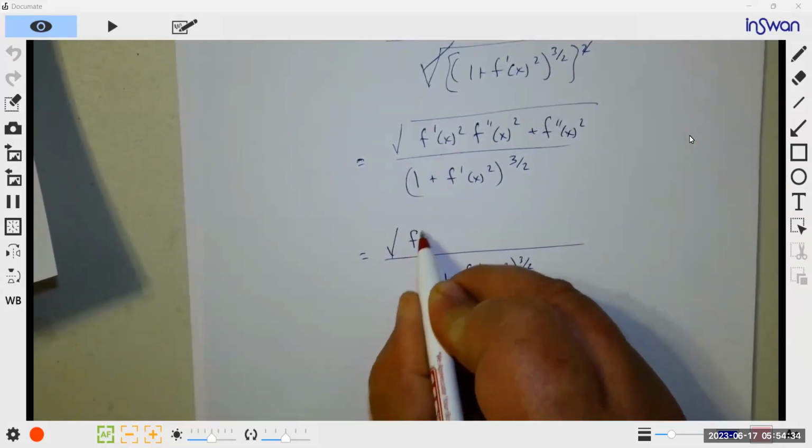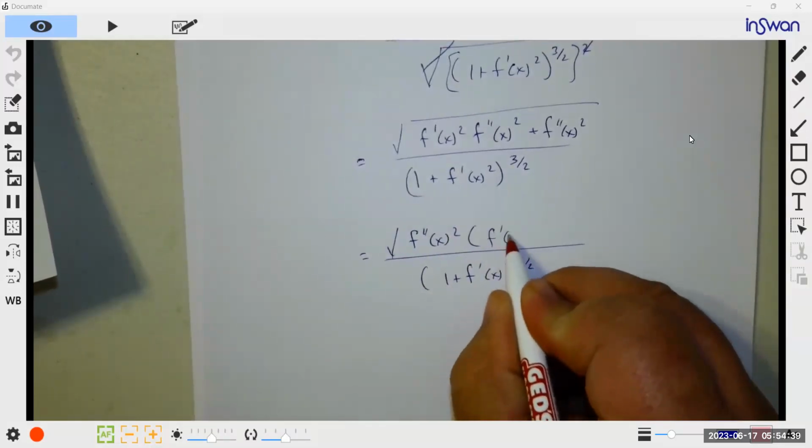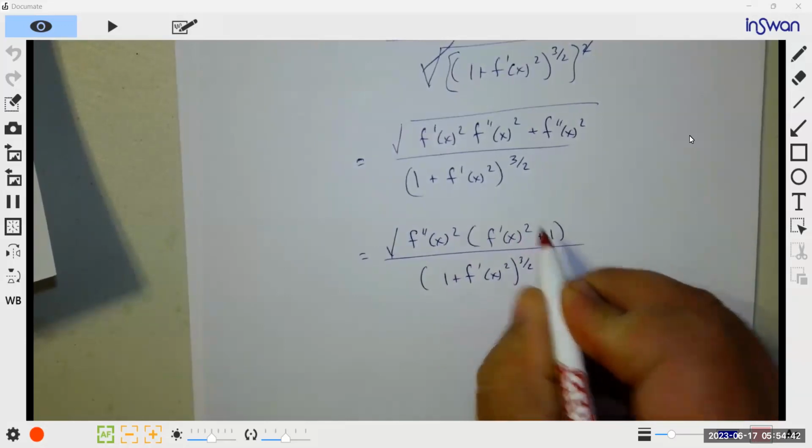I can factor out f double prime of x squared, leaving me with f prime of x squared plus 1.